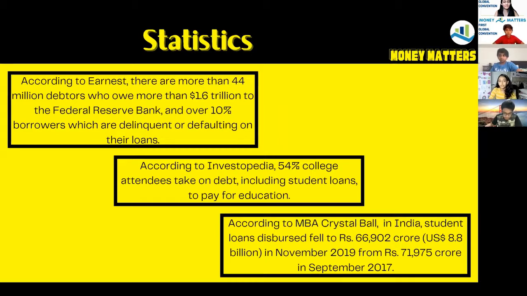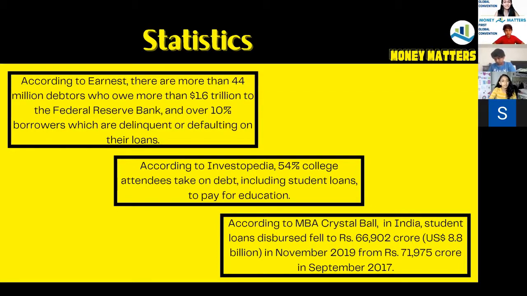Okay, so let's do statistics. The first one is that according to Ernest, there are more than 44 million debtors who owe more than $1.6 trillion to the bank, and over 10% of borrowers are delinquent or defaulting on their loans. According to Investopedia, 54% of college attendees take on debt, including student loans, to pay for education.